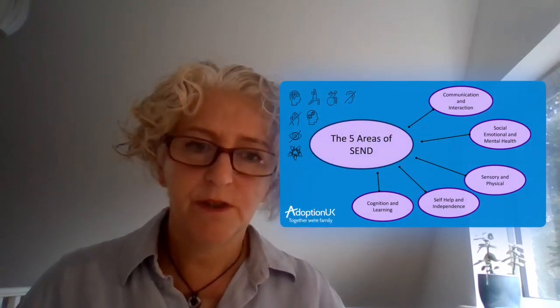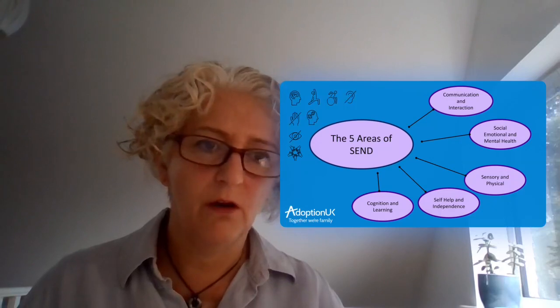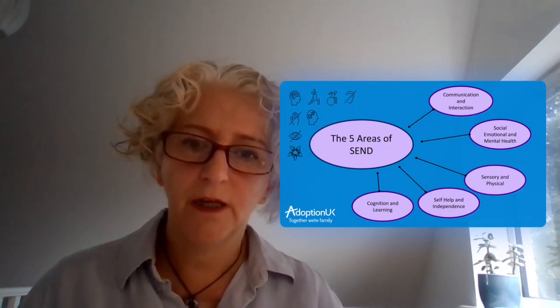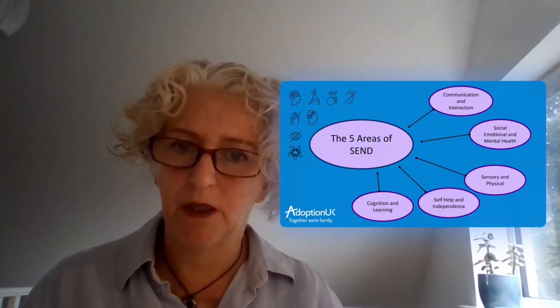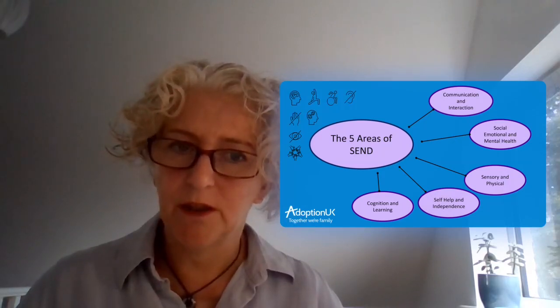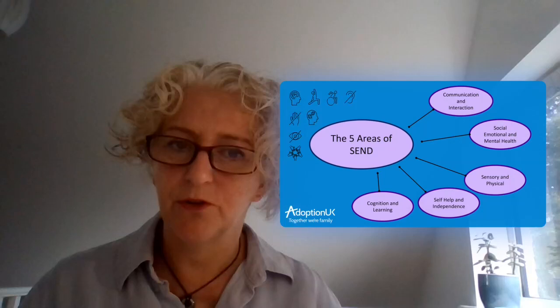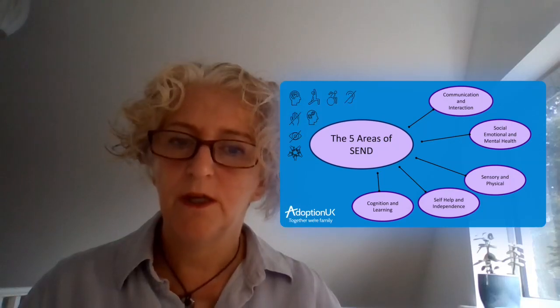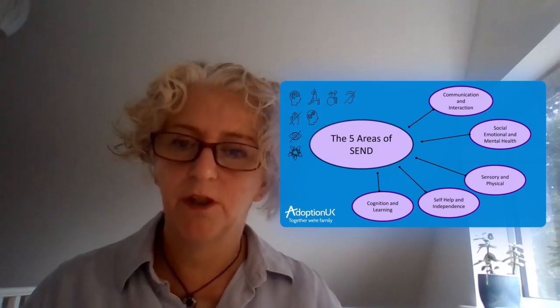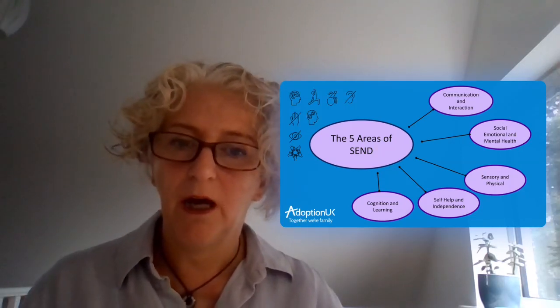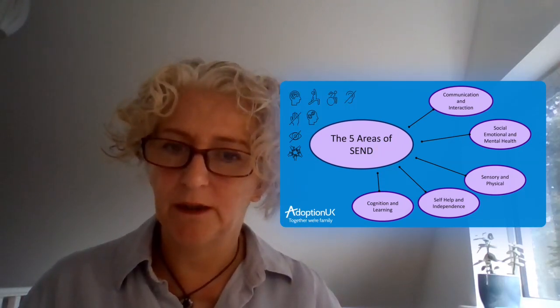Okay. So just to summarise, there are 5 areas on the EHCP of special educational need: communication and interaction, social, emotional, mental health, sensory and physical, self-help and independence. That one is particularly for older children, year 9 and above, and cognition and learning.